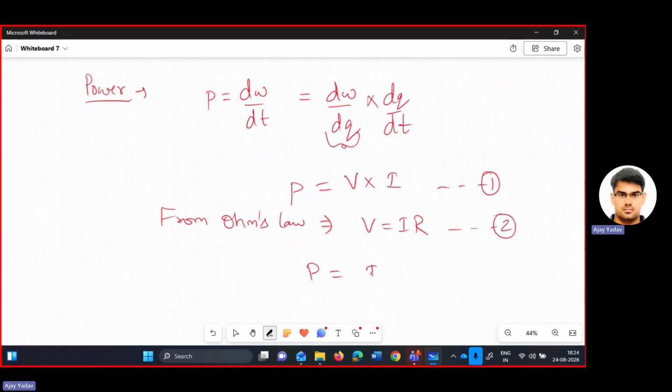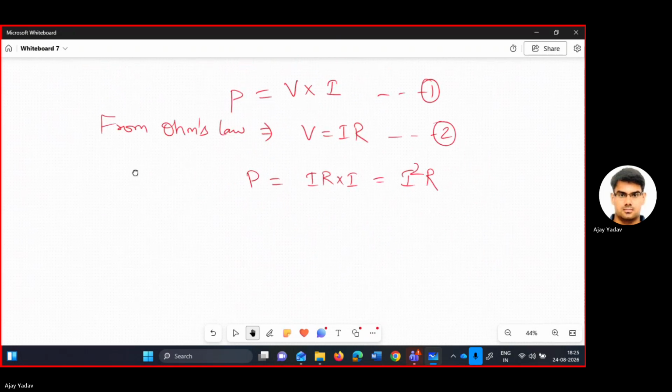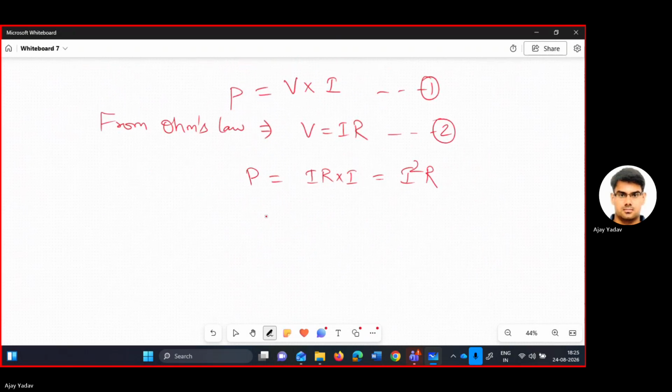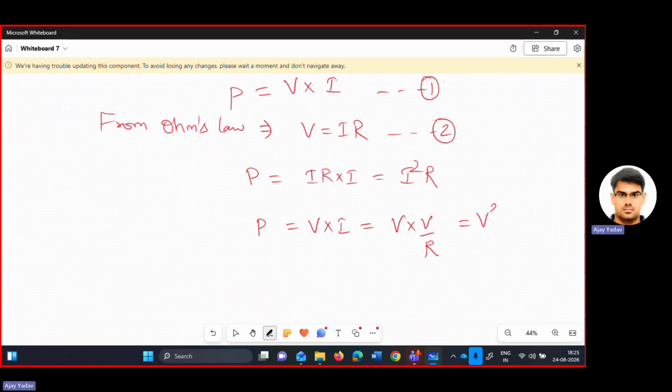So it will be IR into I, which is I square R. Similarly, you can put a value of I. So P is V into I, and I is V by R, so P is V square by R.